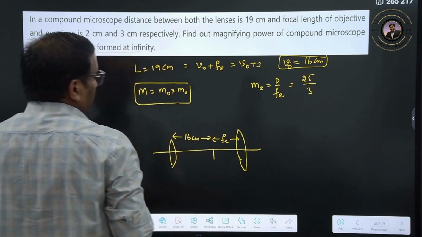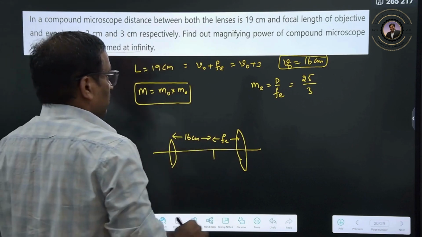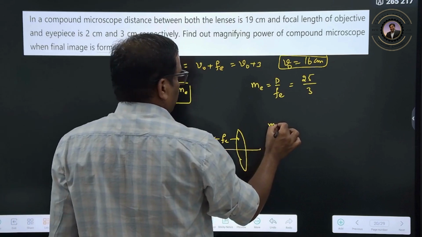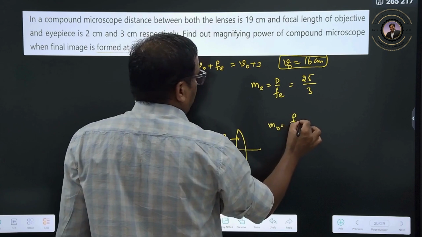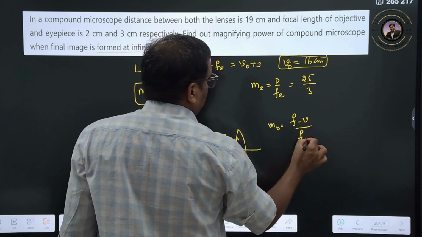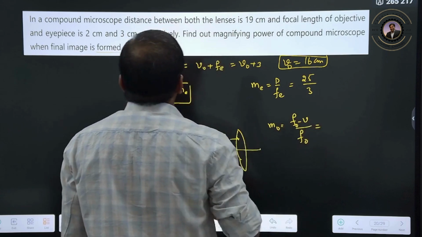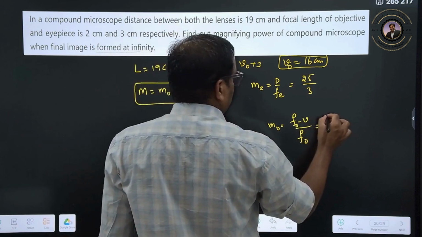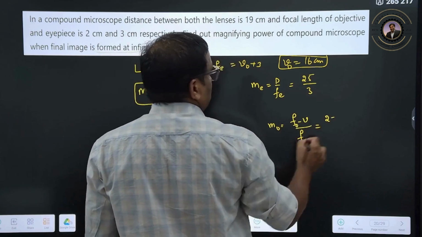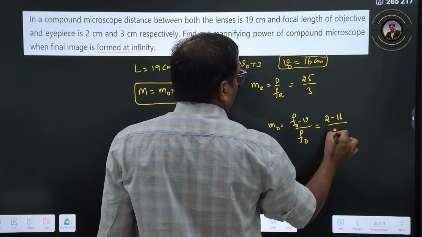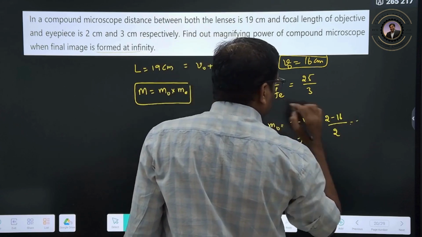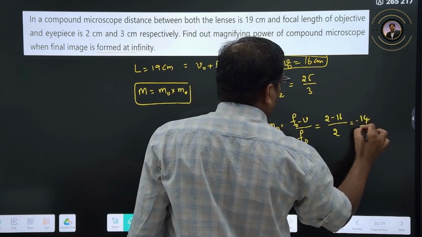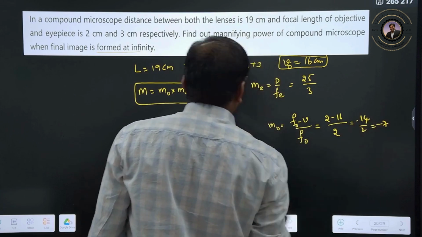Now we want to calculate the magnification due to the objective, which is (F minus V) by F. For the objective, F_O is 2, so 2 minus 16 divided by 2, which is minus 14 by 2, therefore minus 7.